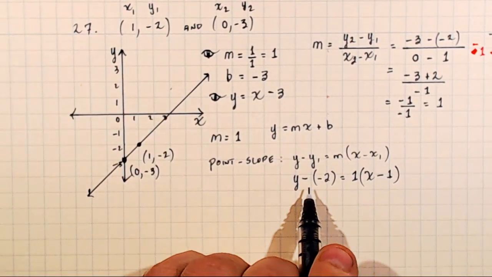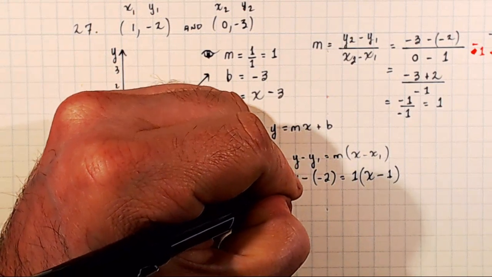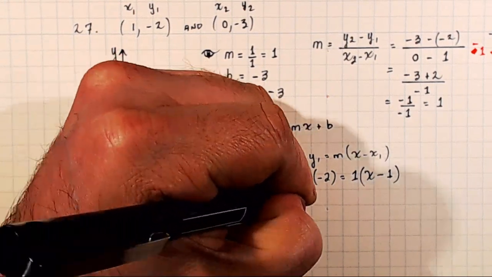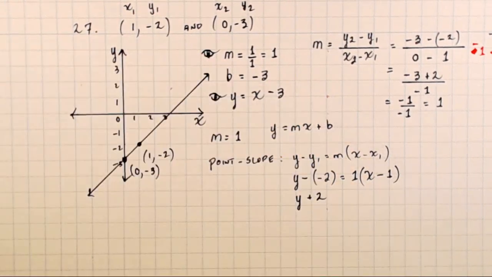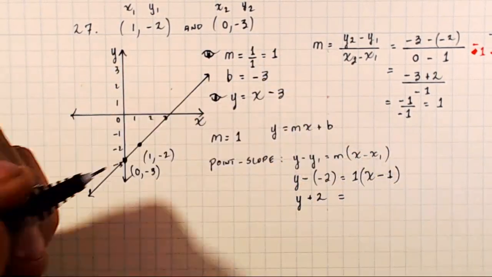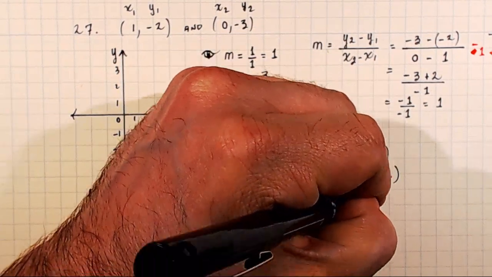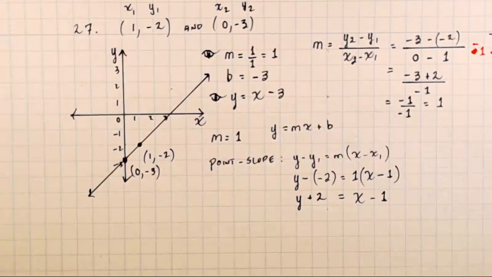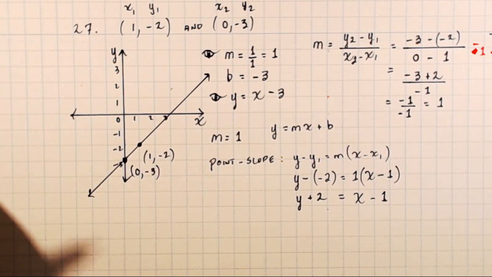Okay, so let's deal with this. Y minus -2 is y plus 2. Y plus 2 equals, now there's nothing to distribute, this is just 1, so we can write x minus 1. Now solve for y.